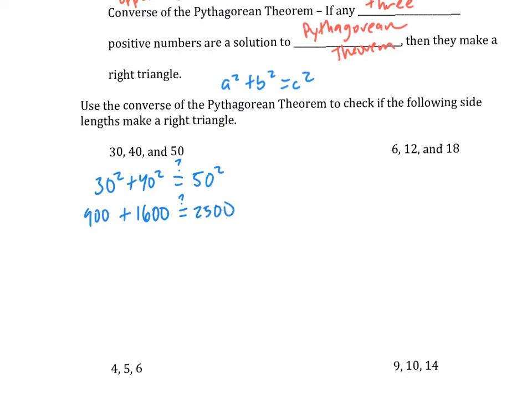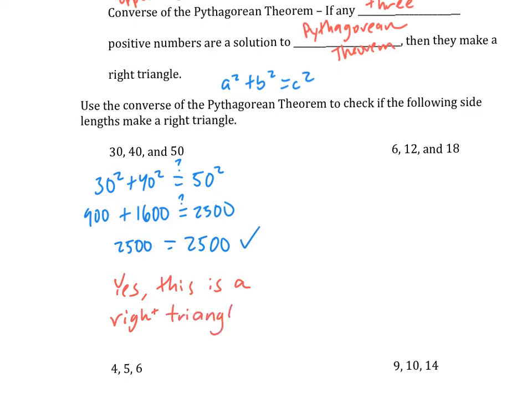If we take 900 plus 1600, that does give us 2500, which is equal to 2500. So it checks off. So we can say that yes, this is a right triangle. If you ever had a triangle with those side lengths, you would know that it would have a right angle in it.